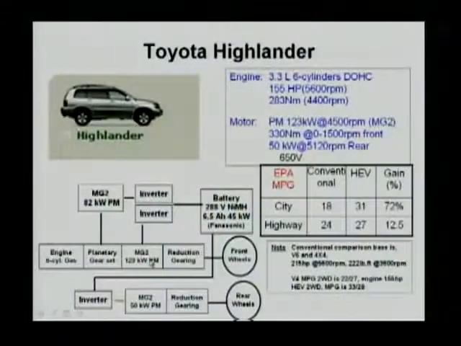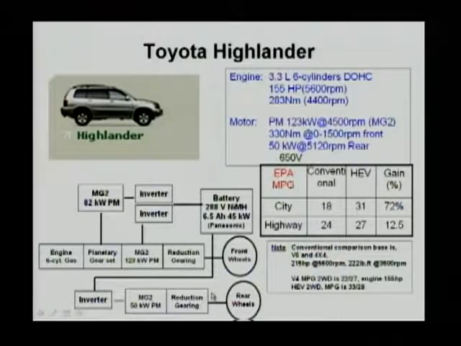Okay? One of the differences that you can observe on this one is that they have a much bigger electrical motor, 123 kilowatts, and a much bigger generator, 82 kilowatts. The battery is also bigger, 45 kilowatts. And the rear wheel also has a 50 kilowatt motor. In other words, the electrical power of this system is much bigger than the Prius.